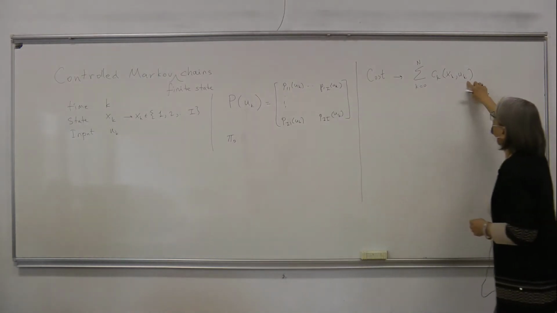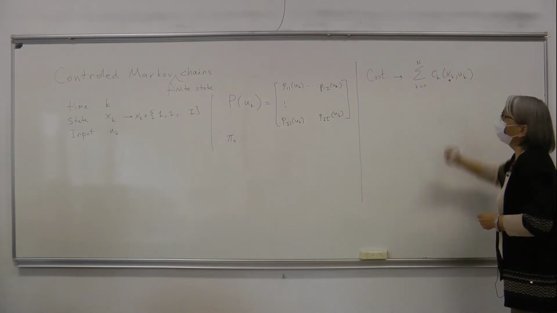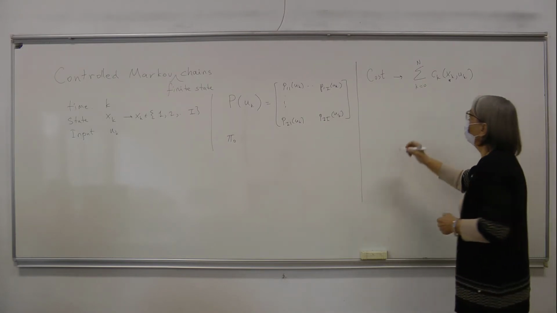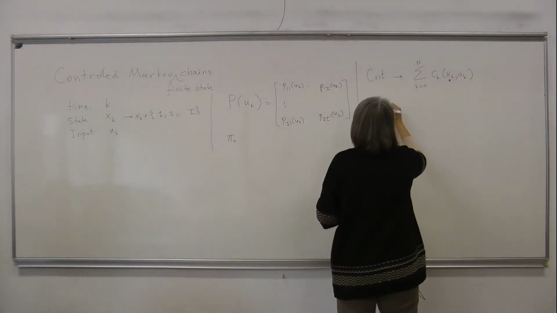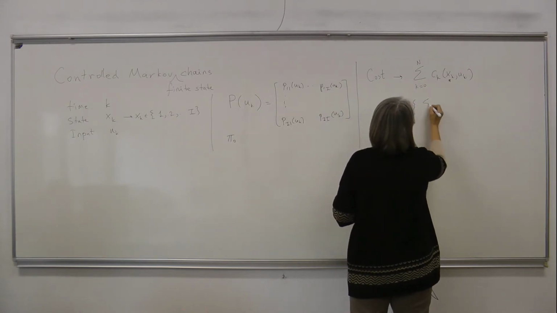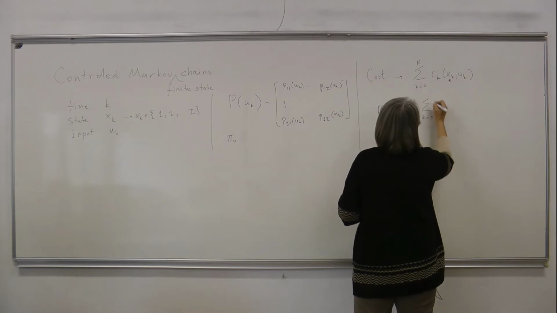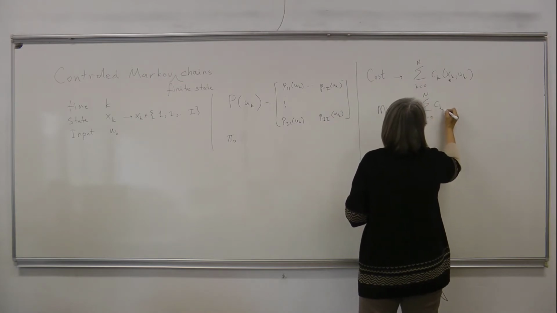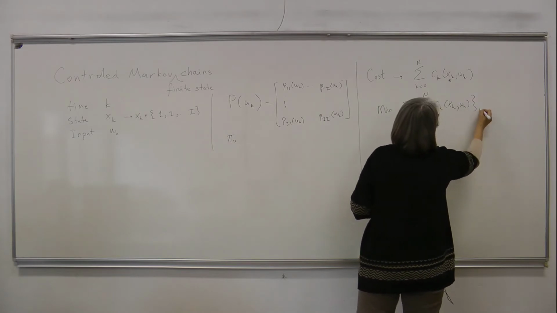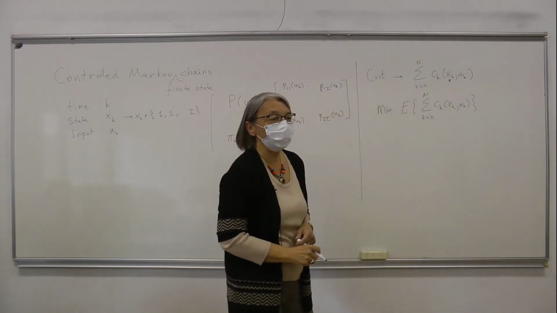And now when we look at this cost, obviously this x_k is a random variable, so the summation of those random variables does not make much sense. So what we have to minimize is their expected value. Expected value of the summation k from 0 to n of c sub k of x_k and u_k. Okay, we have to minimize this objective function.